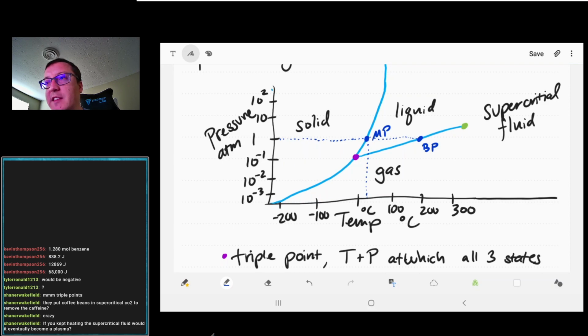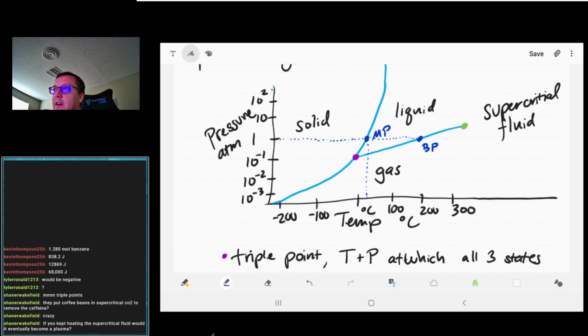So plasmas happen when you start ionizing things. The temperatures required to do that would be extremely high. So, you would probably need to use a plasma to get it to form a plasma, for all the sense that that makes. But presumably, yeah, if you gave it enough energy to start stripping electrons away, then you would get a plasma at the end of that.